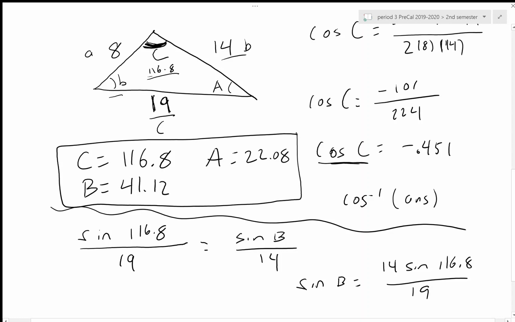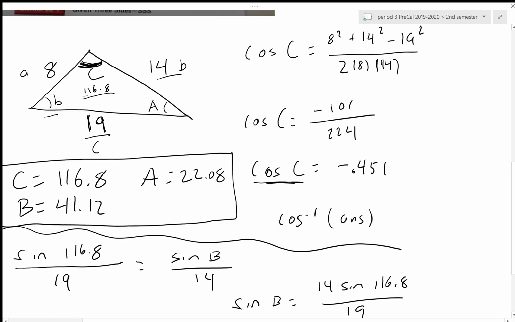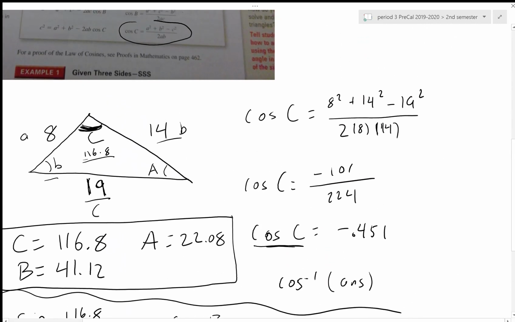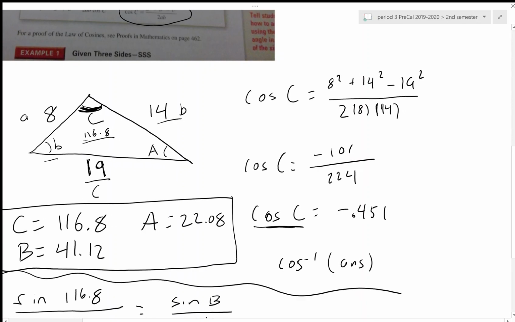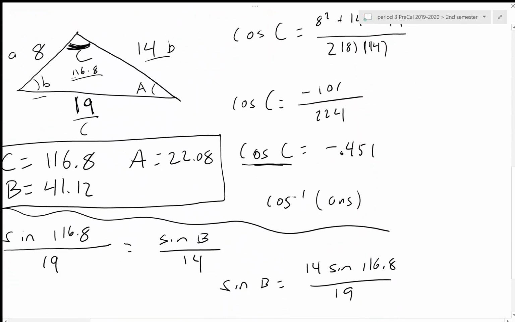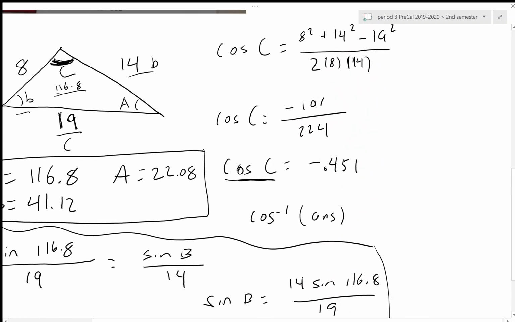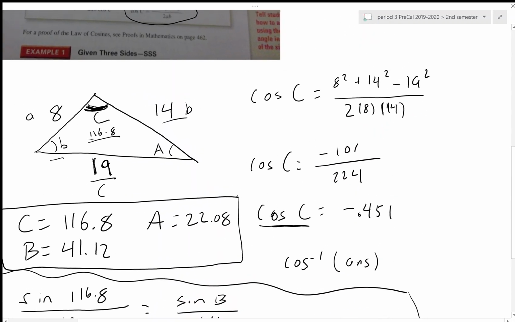Now, if I didn't want to use law of sines and wanted to use law of cosines again, let's say I didn't do this part and went straight into cosine again.